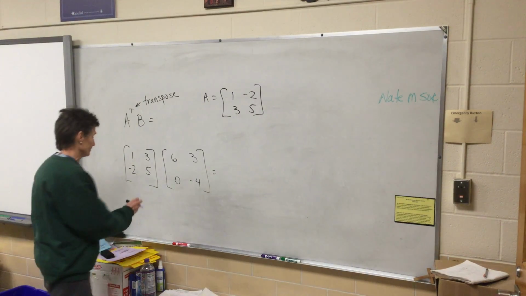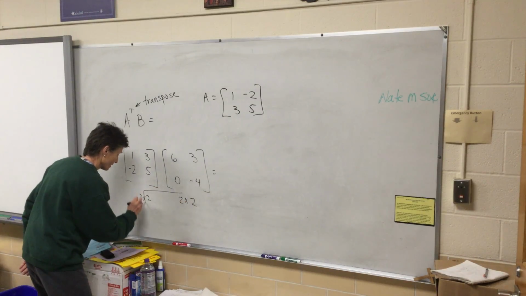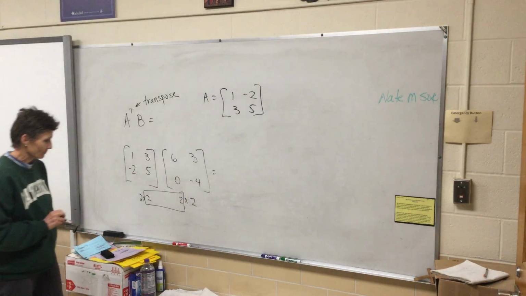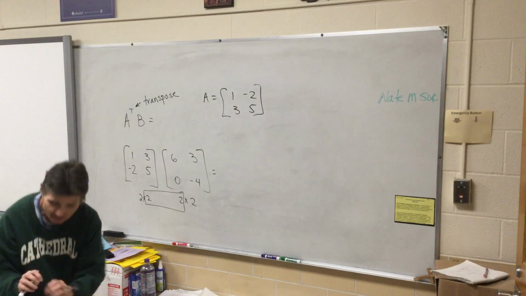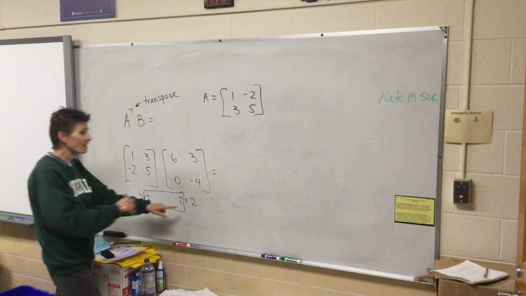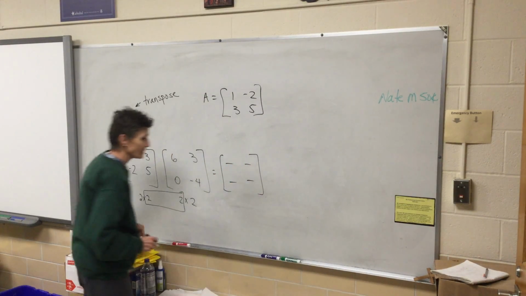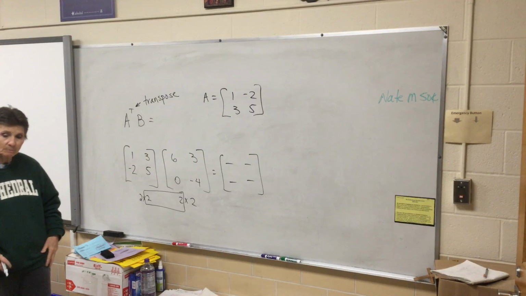Yes. I see some nods. I wish you guys would speak up. You're just these little tiny faces on here. I need to hear you. So yes, it's possible, and our answer will be another 2 by 2. All right? This one you can multiply.